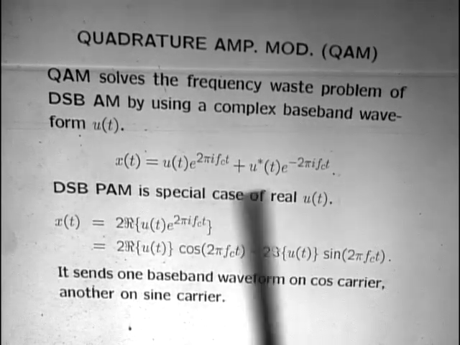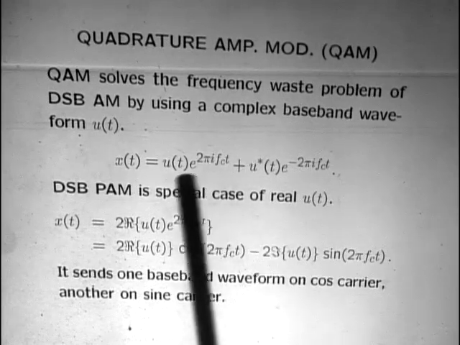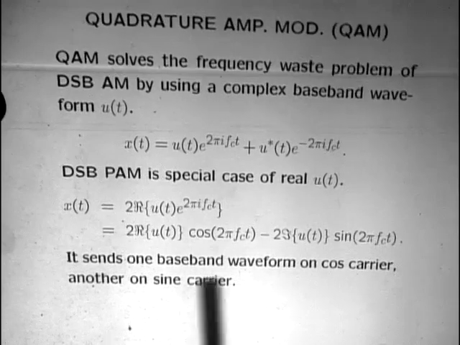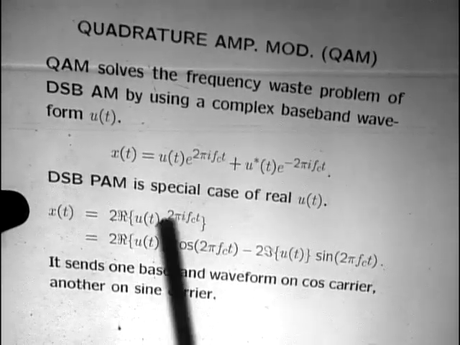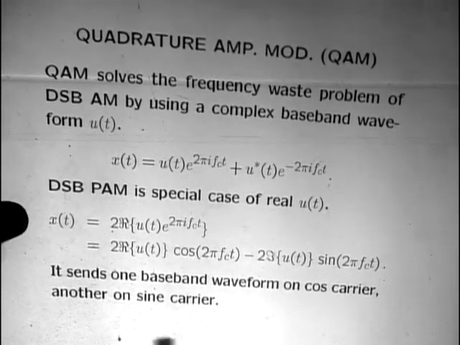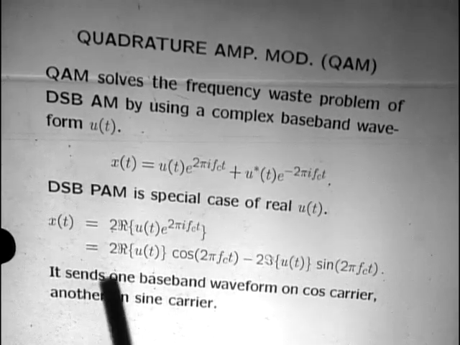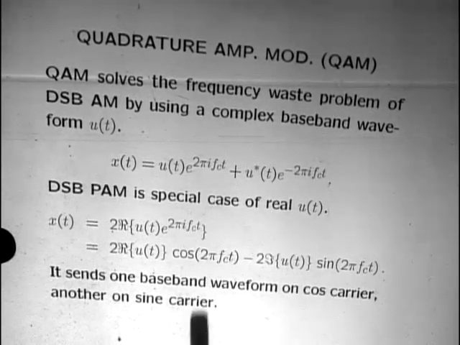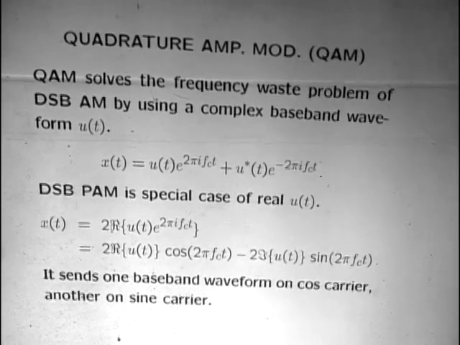When you look at this and you take the real part of this, the real part of this, the imaginary part of this and the imaginary part of this, as I'm sure most of you have seen before, x of t becomes 2 times the real part of u of t times this complex exponential, which is equal to 2 times the real part of u of t times this cosine wave, minus 2 times the imaginary part of u of t times a sine wave.